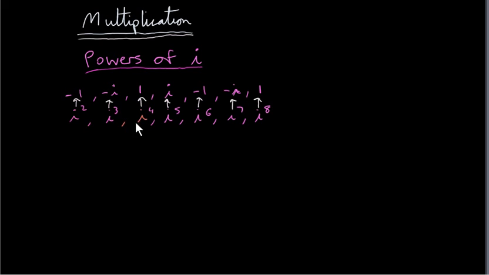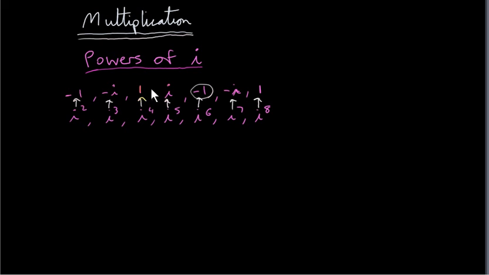What I've done here is to write down successive powers of i in this row, and what it is above in this row up here. So you can see i squared is minus 1, of course. i cubed is minus i, that's what we had already. i to the 4 is 1. i to the 5 is actually i. i to the 6 is minus 1. So now you can see we're starting again. So the sequence starts again.